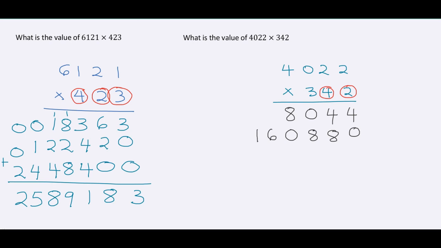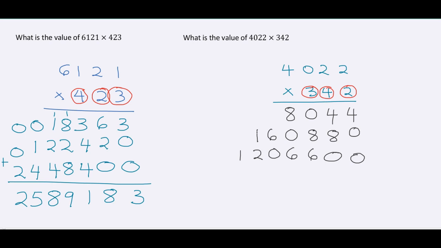Okay, now we switch over to the hundreds position, so we have to start by putting zeros in the ones position and tens position. So 2 multiplied by 3, we have 6. 2 multiplied by 3, we have 6. 0 multiplied by 3, we have 0. And then 4 multiplied by 3, we have 12.